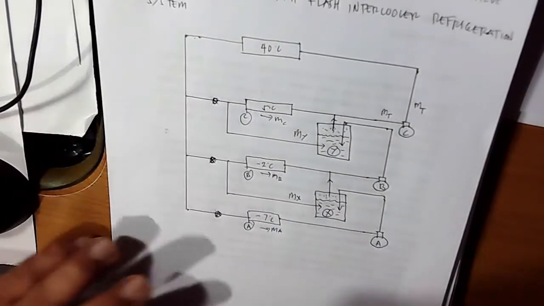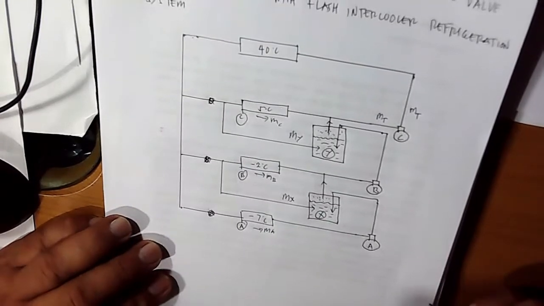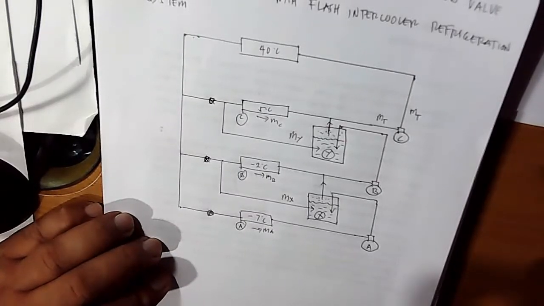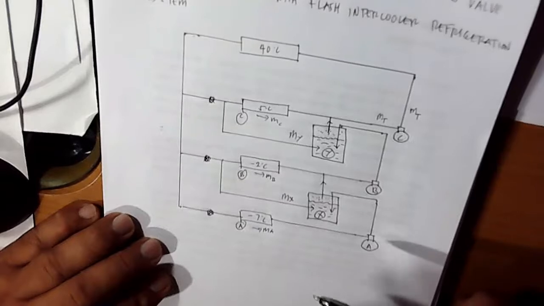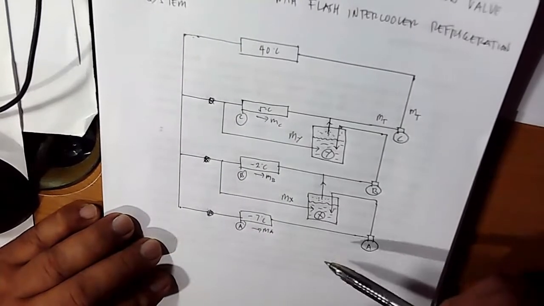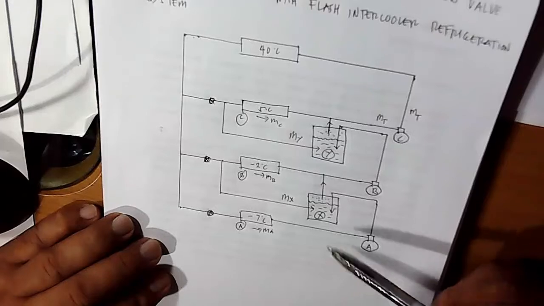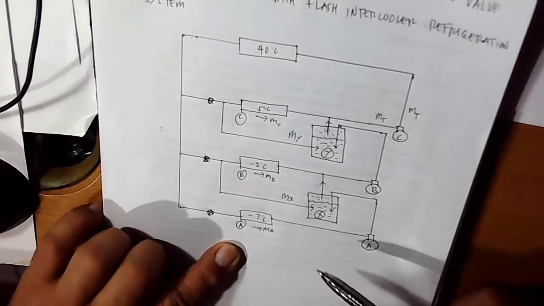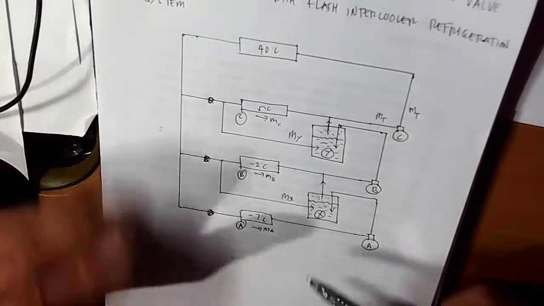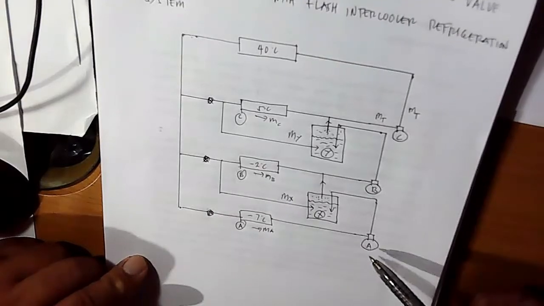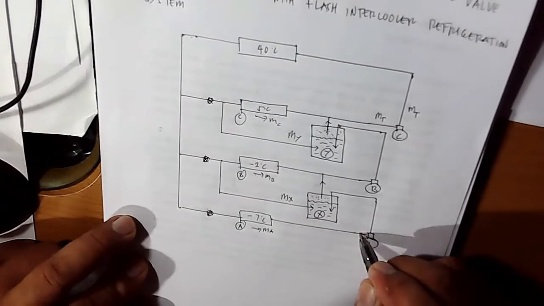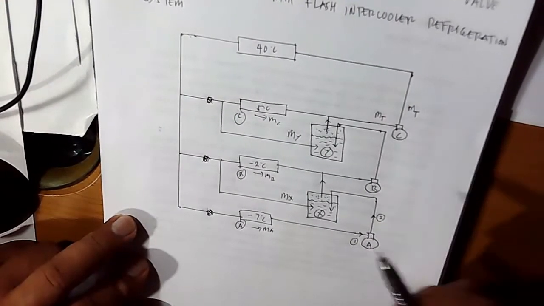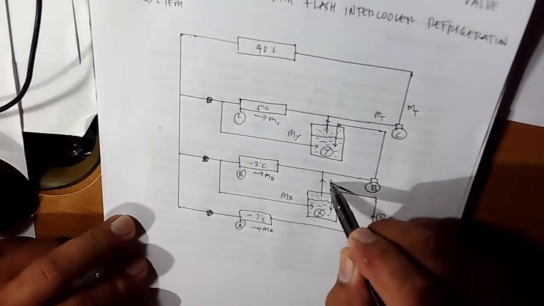So again, the solution technique is to start in the lower portion at evaporator A. Whenever you have this intercooler, you are going to solve the problem starting at the bottom, evaporator A and compressor A. So let us consider this as your point 1, point 2, this is point 3.